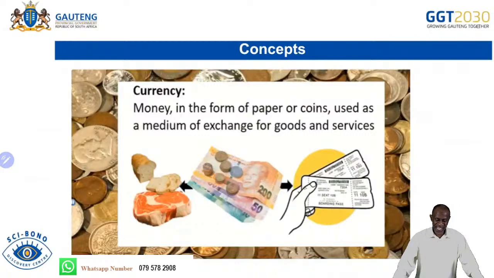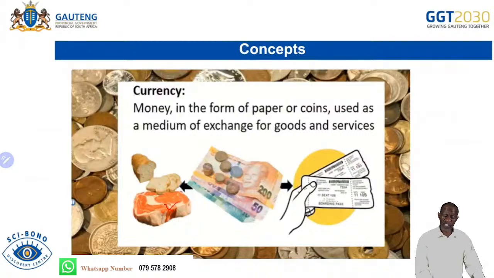So on the picture here, on this slide, you can see commodities that money can be used for in exchange. You have meat here, you have bread, and these are a different sample of money in the form of coins and paper.